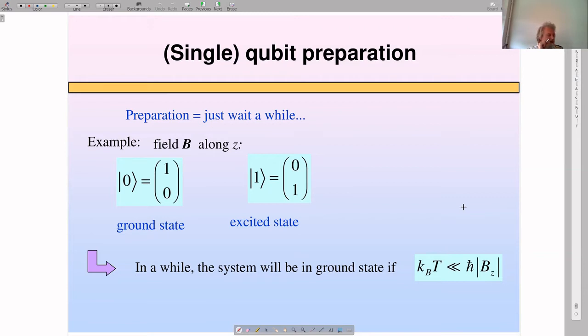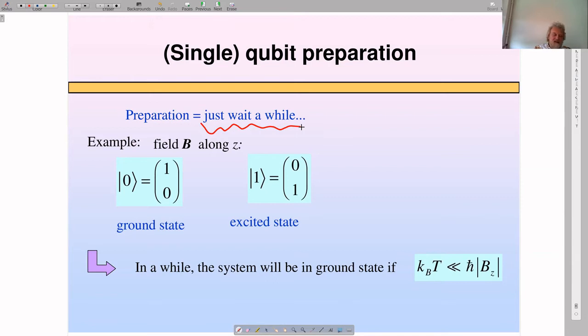Well, the simplest way to prepare is just to wait a while. In any case, if you wait a while, all this decoherence process, all this dissipation process will have time to take place.